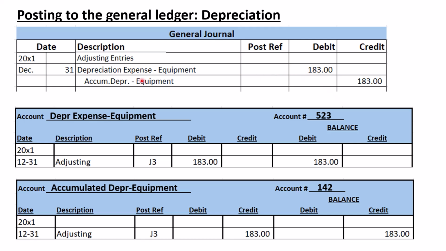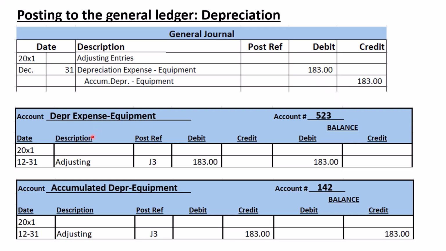On the next line, we slightly indent and write accumulated depreciation equipment into the description column and $183 into the credit column. To post the entry to the general ledger, we start with the depreciation expense general ledger account.